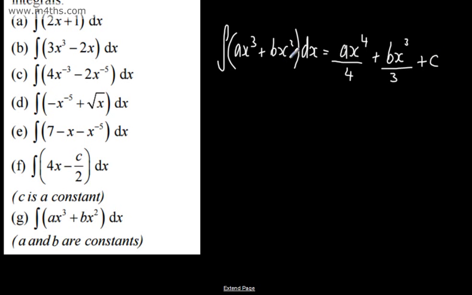If we had had cx plus d, then we would have introduced, for example, e as the constant of integration. So you can leave that as it is. If you want to write it as 1/4 ax to the 4th plus 1/3 bx cubed plus c, you can. Either form is perfectly fine. Again, these are identical expressions.